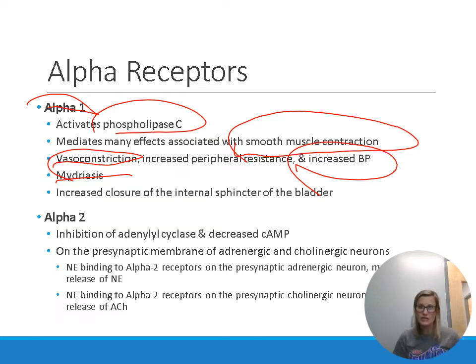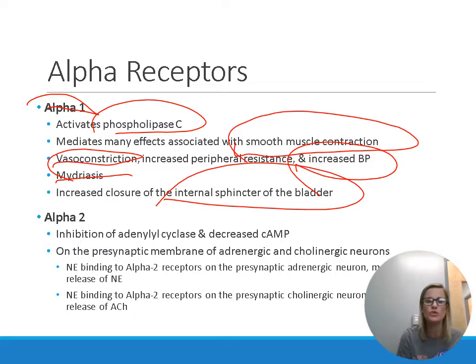Also increased contraction of the internal urethral sphincter in the bladder. All of these are contraction of the smooth muscle: vasoconstriction, mydriasis, increased sphincter tone, etc. Vasoconstriction is the really big one that we see with alpha-1 agonists.